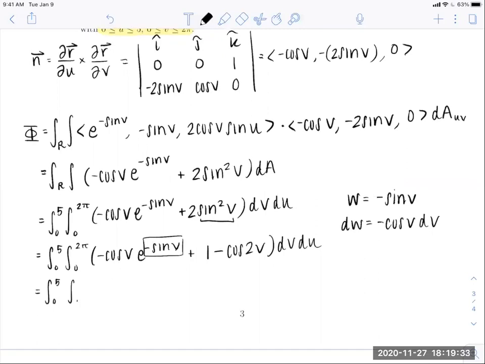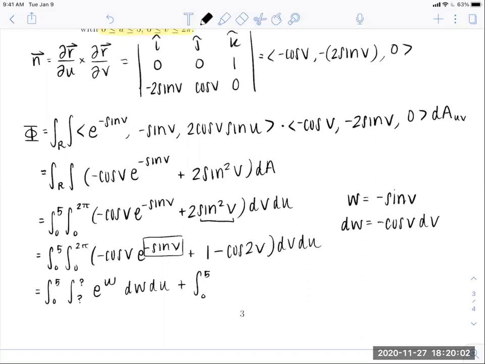So what I'm going to do here is set up my substitution. Let me leave off my limits of integration for now. I'm going to write them as question marks, but I'll leave my e to the w here, and I still have my dw du. And then let's go ahead and just integrate these other pieces here.